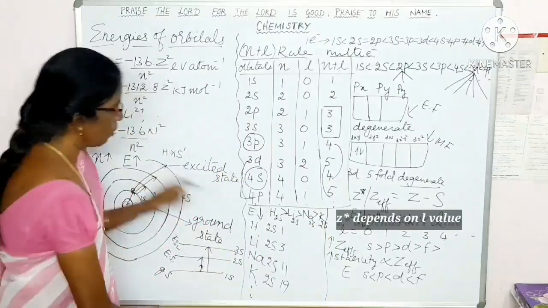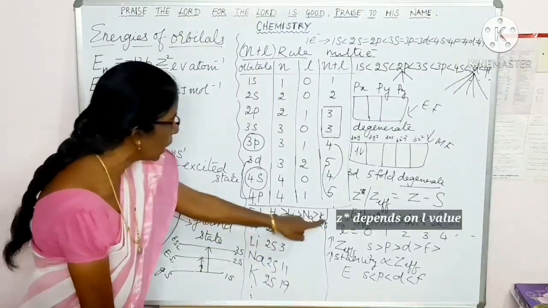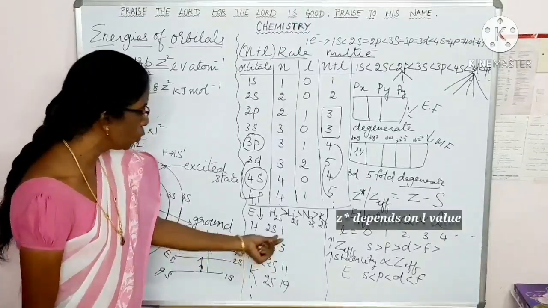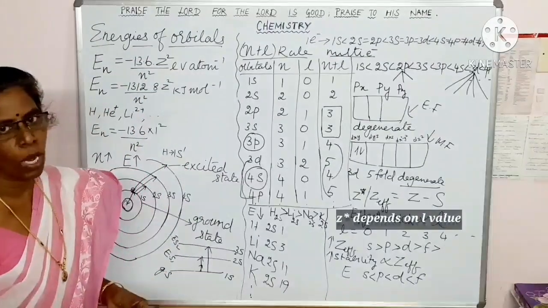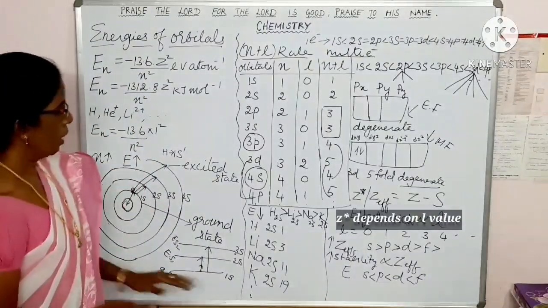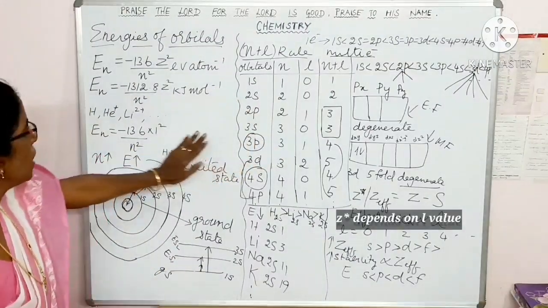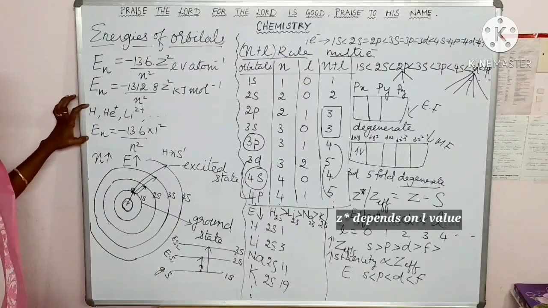The energy of the same orbitals in a given shell decreases. That is because effective nuclear charge increases due to the number of protons. Hope you all understood.